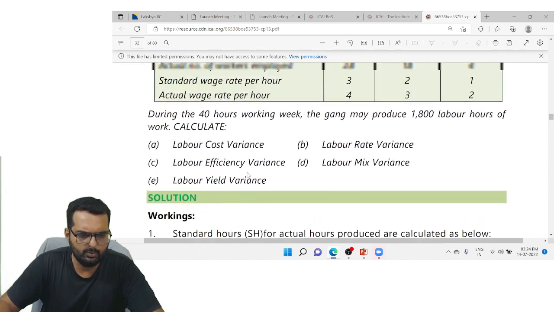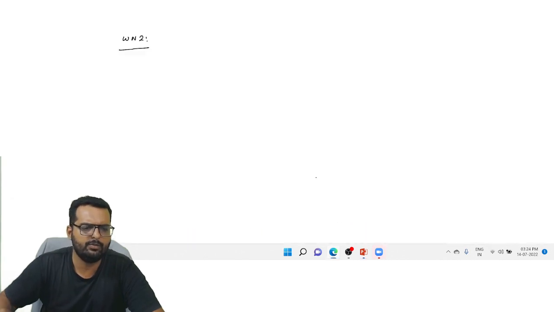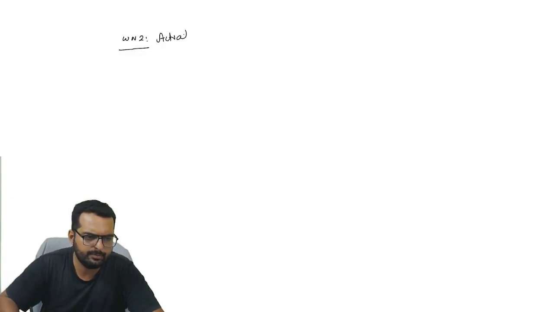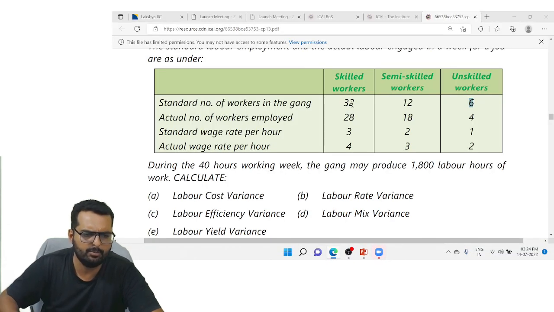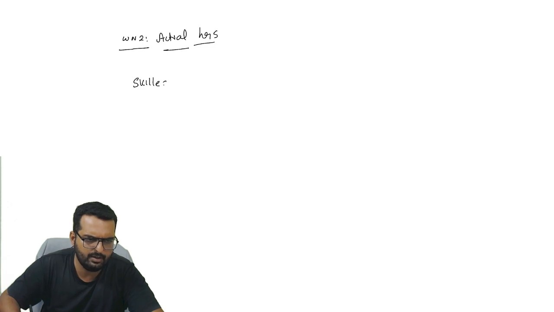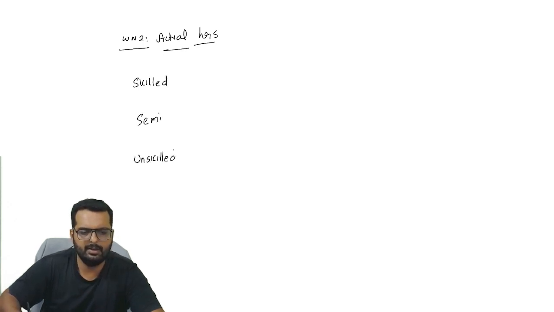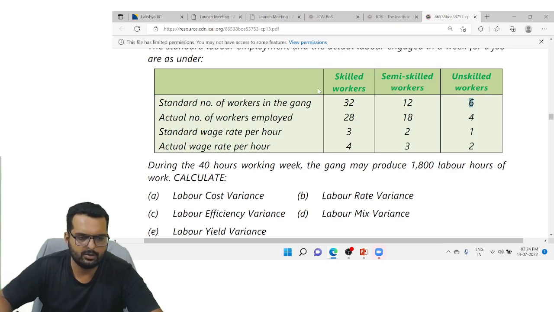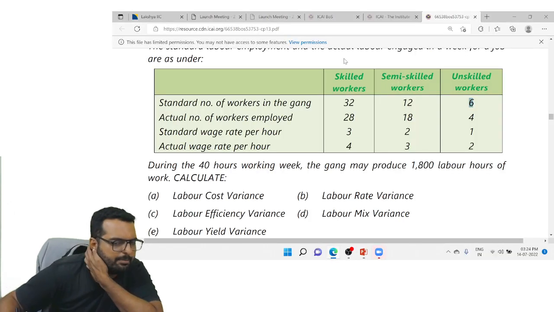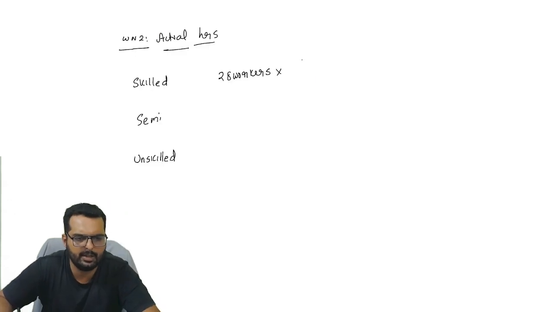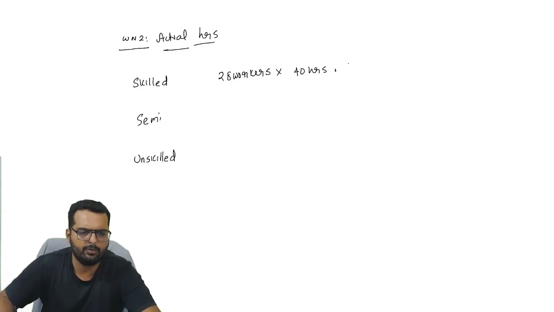Working note number 2. Once you get that, can I go and find out the actual hours also? Once we get these two things, then things are very easy. Actual number of workers is there, so I'll write down skilled, semi-skilled, and unskilled. Now, when you talk about skilled, you have got how many workers over here? 28 workers are there, multiplied by how many hours per week are they working? They are working for 40 hours.